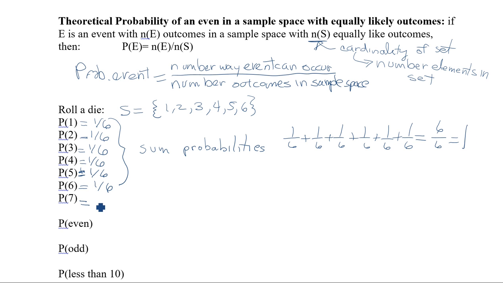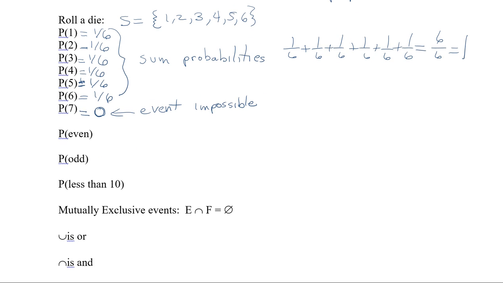Over here, the probability of getting a 7 is 0. And we're going to say that that probability is 0 because the event is impossible. And if an event is impossible, its probability will be 0. Here, the probability of getting an even number, well, if I look at my sample space, there are 3 even numbers out of my 6 outcomes.